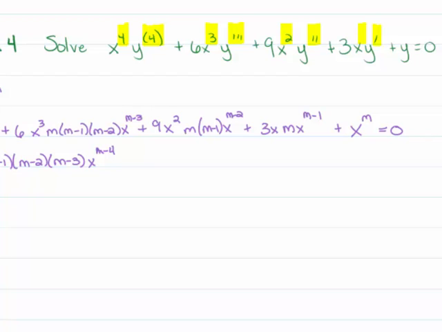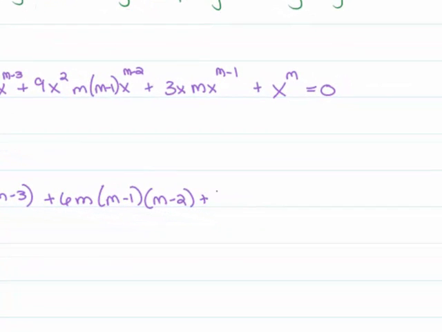So you have x to the m times the quantity m, m minus 1, m minus 2, m minus 3, plus 6 m, m minus 1, m minus 2. Now the plus 9 m, m minus 1.